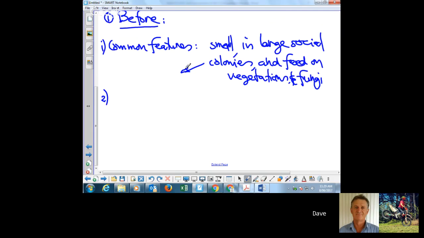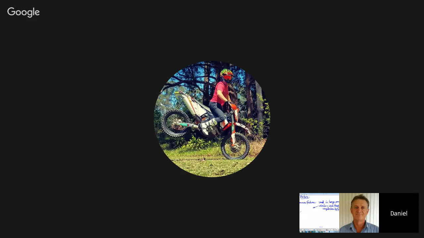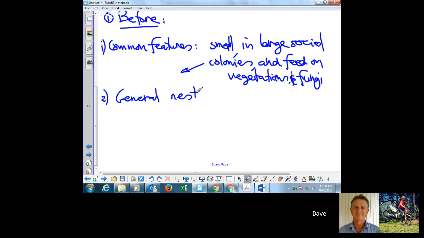Generally nests in ground, logs, sometimes trees. Okay, so we're talking about before these desert termites built their mounds. Let's do now the initial environment.